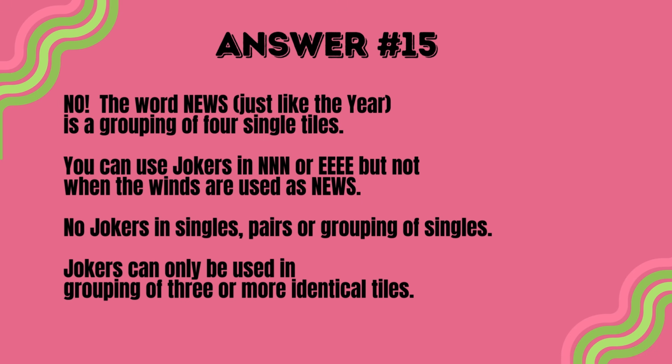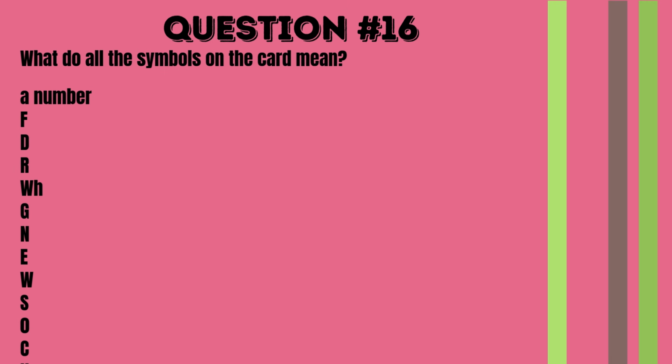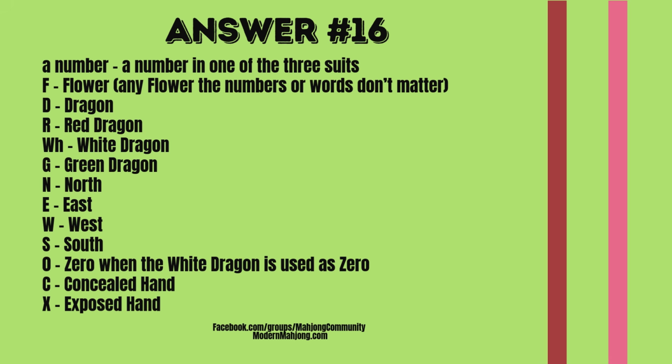So question 16 is just a little review. What do all these symbols mean on the card? If you see a number, the letter F, D, and this might be a little tricky because it's not on this year's card, but R, W, H, or G, N, E, W, S, and C and X. So the answer to all of those: a number would be a number in any one of the 3 suits, bam, crack, or dot.